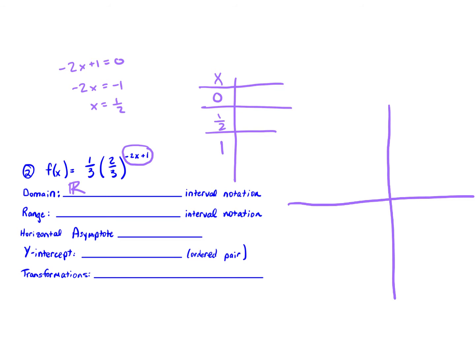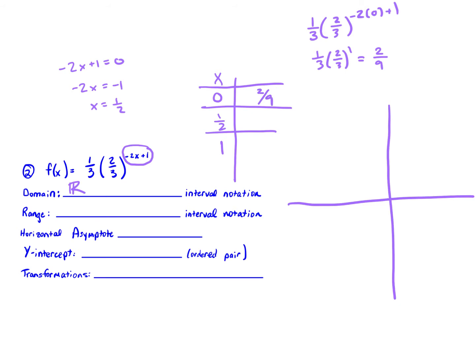I'm going to plug in numbers to see what my graph looks like. So first I'm going to plug in 0. So I have 1/3 times 2/3 to the power of negative 2 times 0 plus 1. So this is 1/3 times 2/3 to the power of 1, and 1/3 times 2/3 would be 2/9.